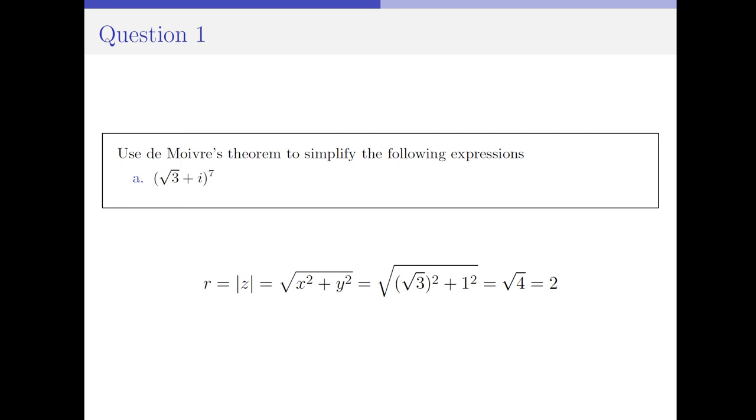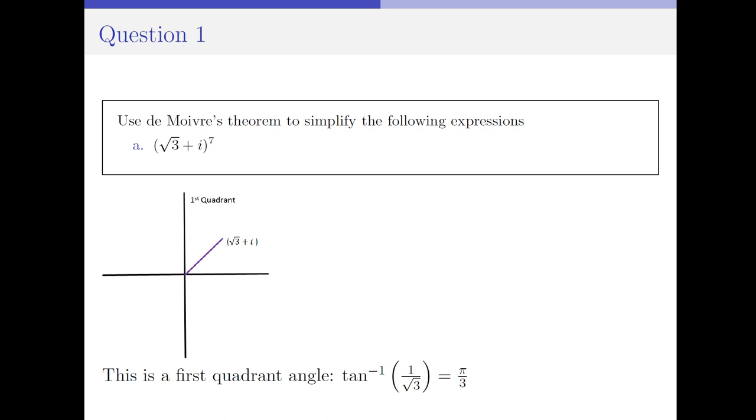In this case, the real part is root 3 and the imaginary part is i, so it's just a 1. So when we put that into our formula, we get the square root of root 3 squared plus 1. Any square root squared is just itself, so root 3 squared is just 3. So we've got 3 plus 1, square root of 4, which is equal to 2. So that's the first thing we do in any of these questions, we always find the magnitude of our vector.